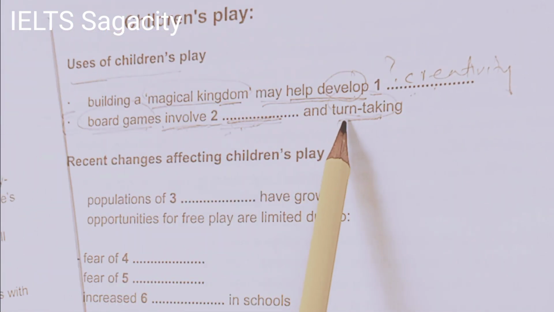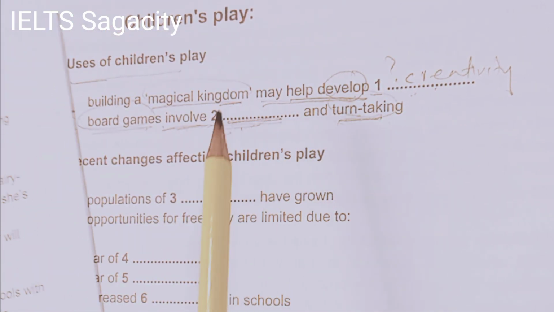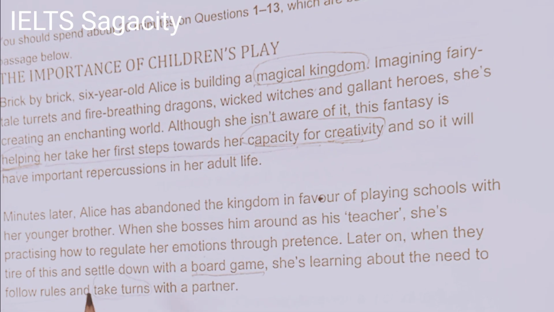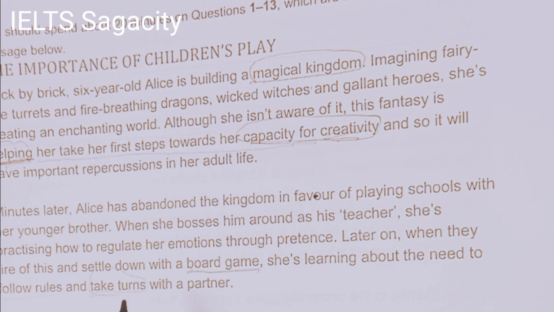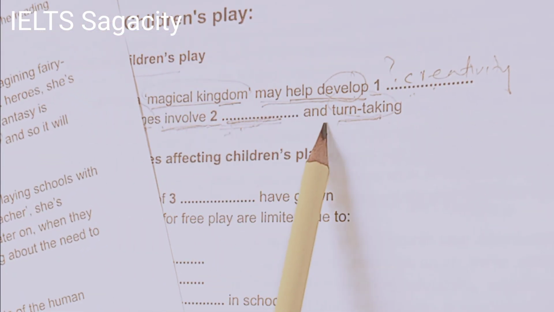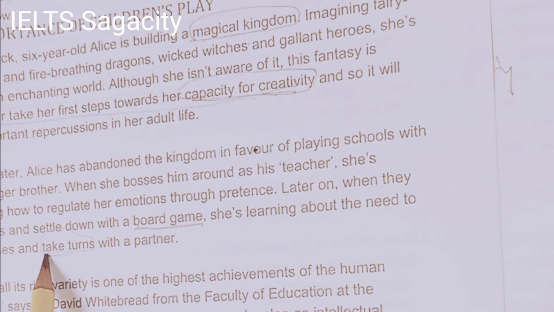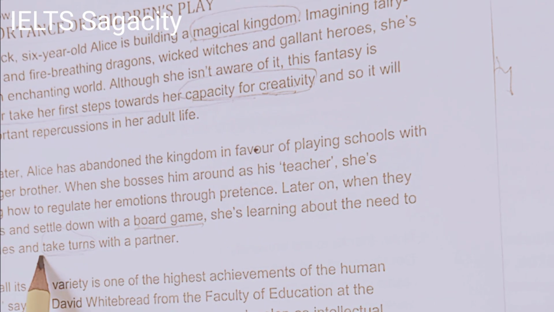So there were two things here in the question, turn taking and something else. So turn taking has been paraphrased into take turns. Now, of course, here it is a noun, a gerund, the ing form, turn taking. And here it is take turns, which is a verb and a noun.